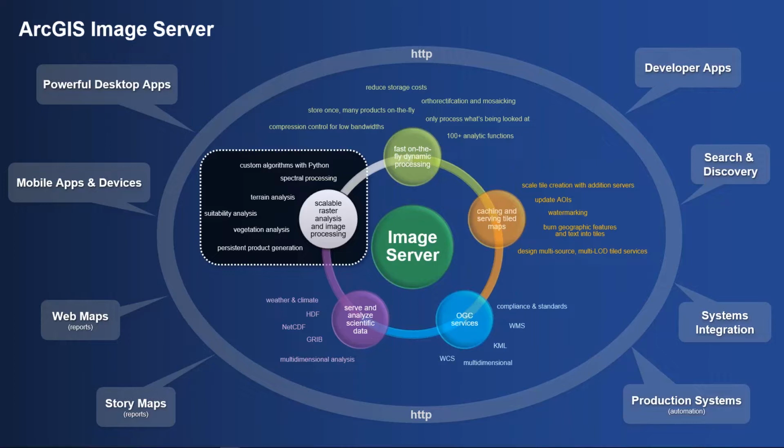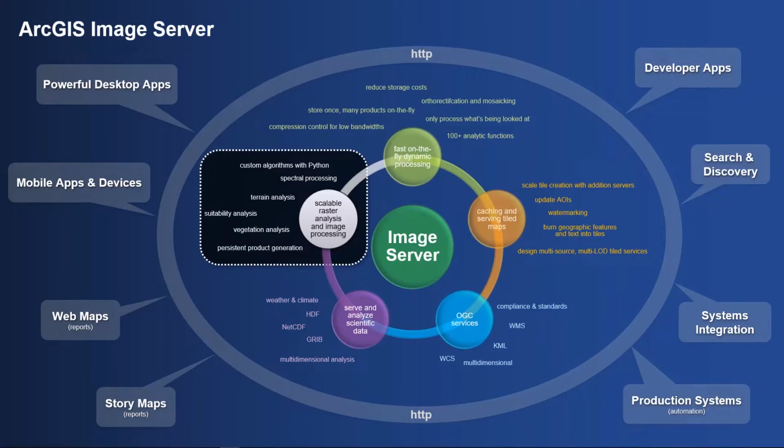Raster analytics in the image server takes these same tools that have traditionally been desktop oriented and brings them to the server, so the capability can be scaled across multiple servers. So a high-powered architecture can now take large-scale analytics processing and significantly decrease the time it takes to get results of raster processing.